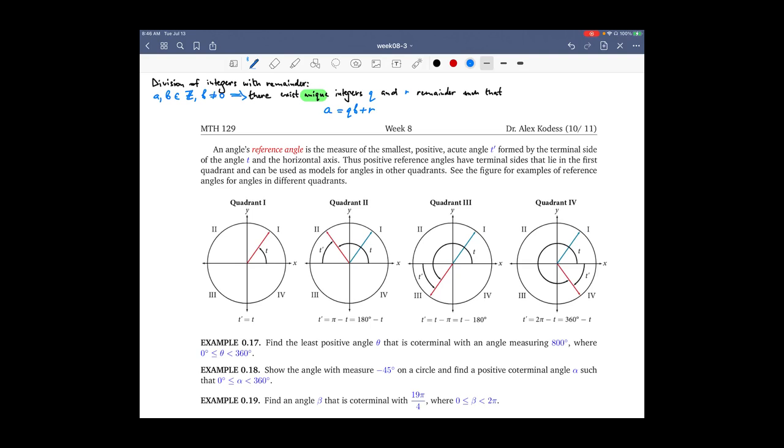Definitely such Q and R exist, but they need not be unique. The uniqueness comes when you require that remainder R be non-negative and strictly less than the absolute value of B.